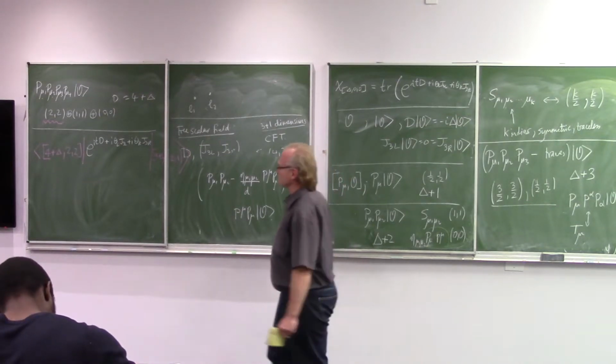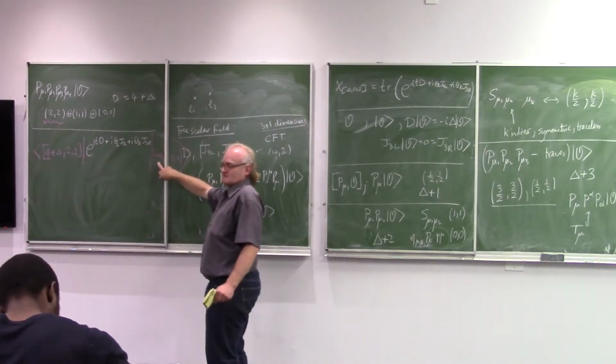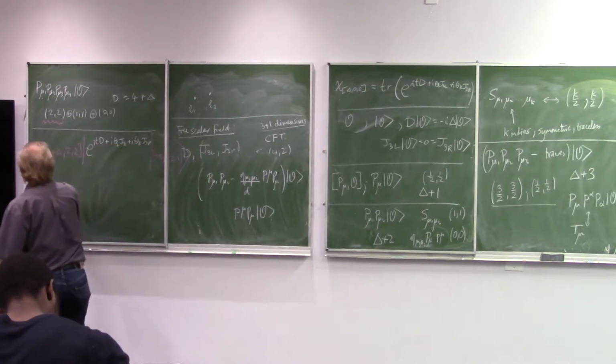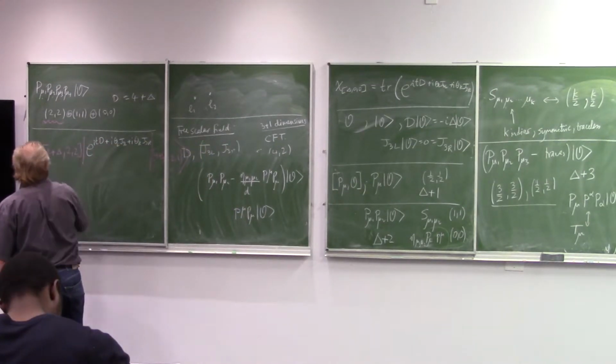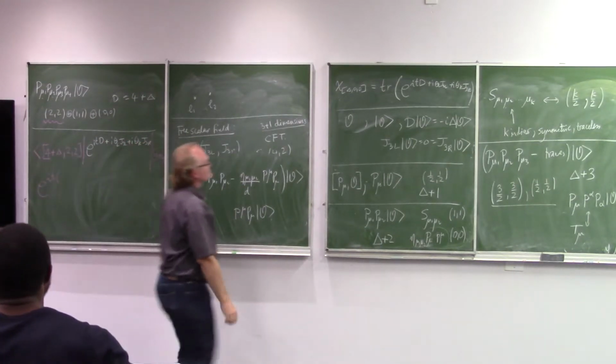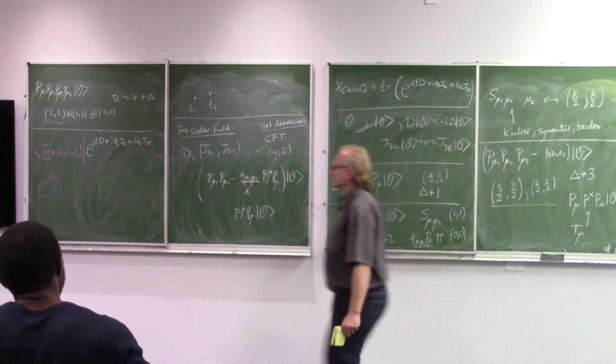So what happens is, when D acts over here, we just pull out the eigenvalue. So that's the easy piece. So let's deal with D. So we get e to the i t, and when D acts on the state, remember, we get minus i times delta.